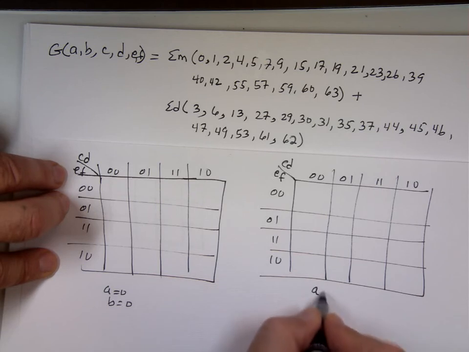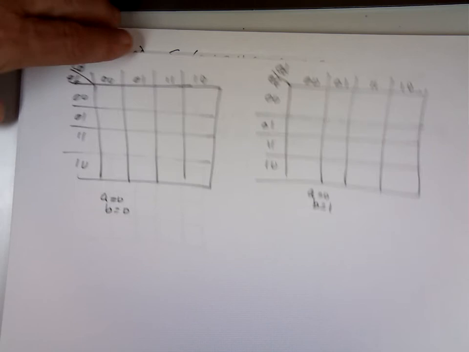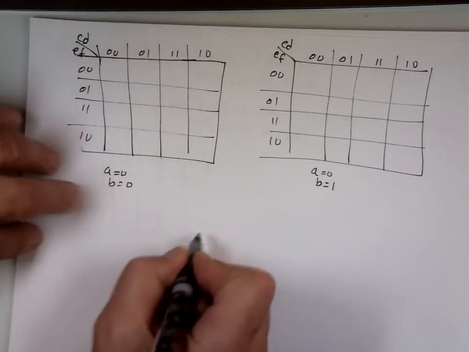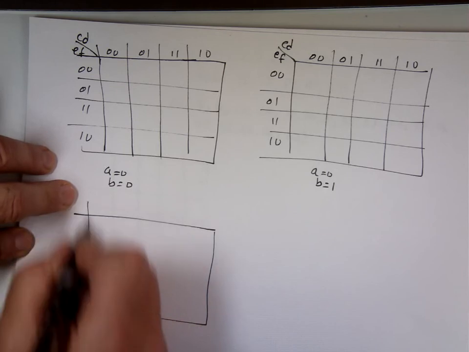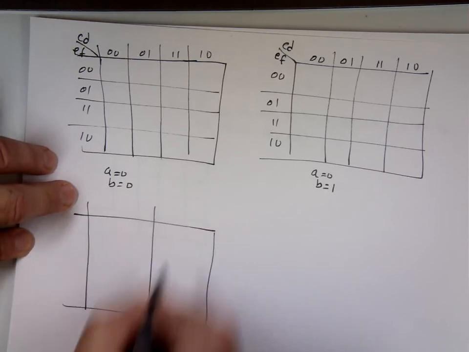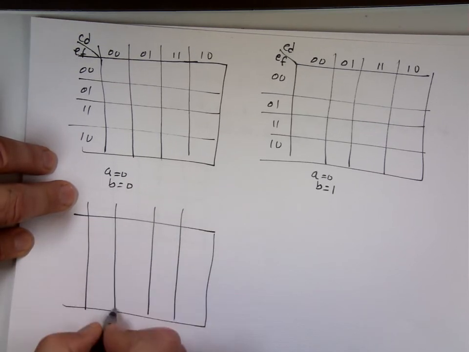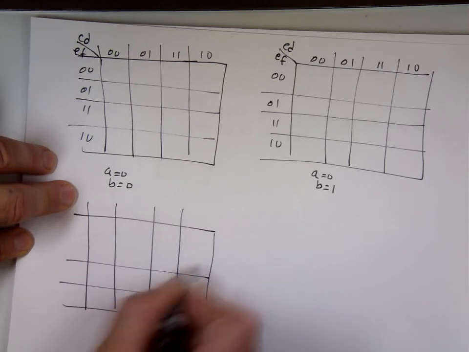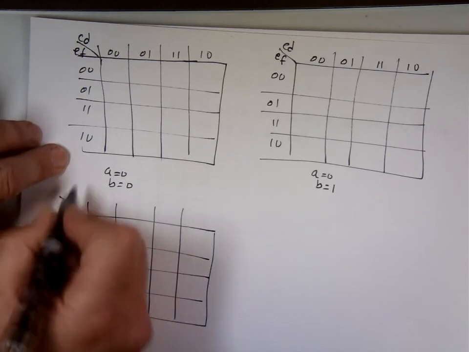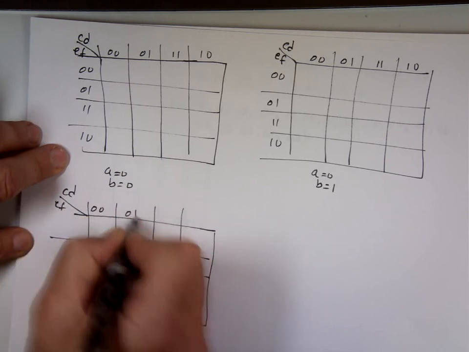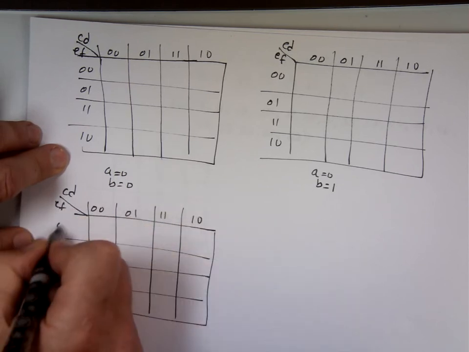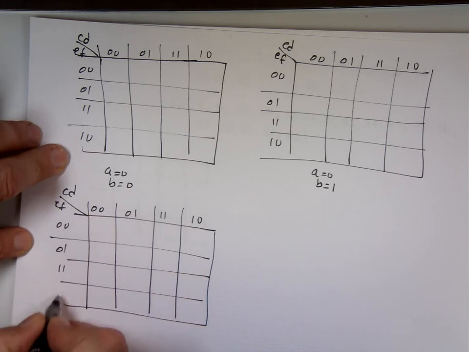As I said, I always squish them, so I'll put the other 2 under them. But you've got to picture that this is right next to it. C, D, E, F. And this is A equals 1, B equals 1.